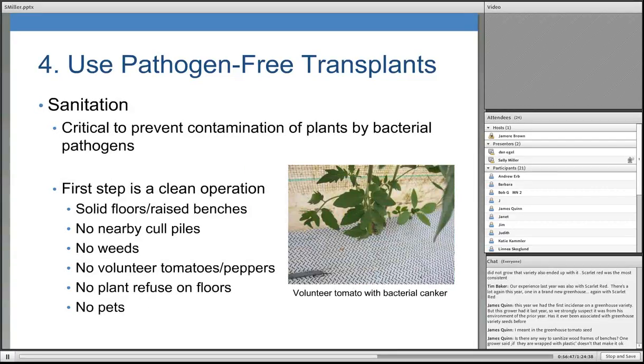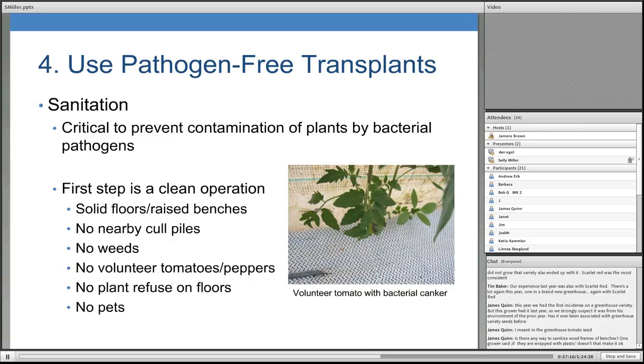I want to talk a little bit about sanitation, because sanitation in both the seedling production phase and the field production, whether it's in the open field or greenhouse or high tunnel, is really critical, particularly with bacterial canker, but with all bacterial diseases. And again, because we can't very well control any of these diseases after they've gotten established, it's really critical to prevent them.